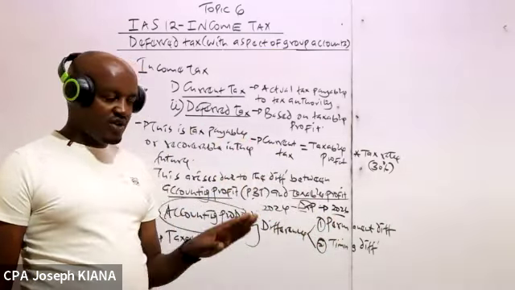In other terms, this is basically the value which is taken into account when computing the amount which will be taxed, or the amount which will be allowable for tax purpose.